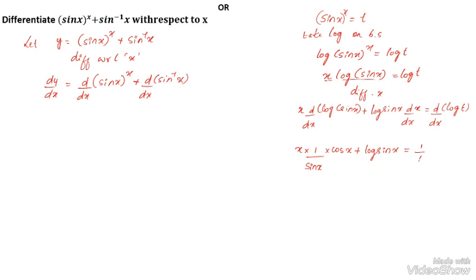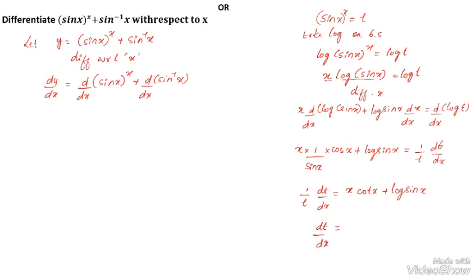This is 1 by t dt by dx. We have 1 by t dt by dx is equal to x cos x by sin x, that is x cot x, plus log of sin x. We want dt by dx.